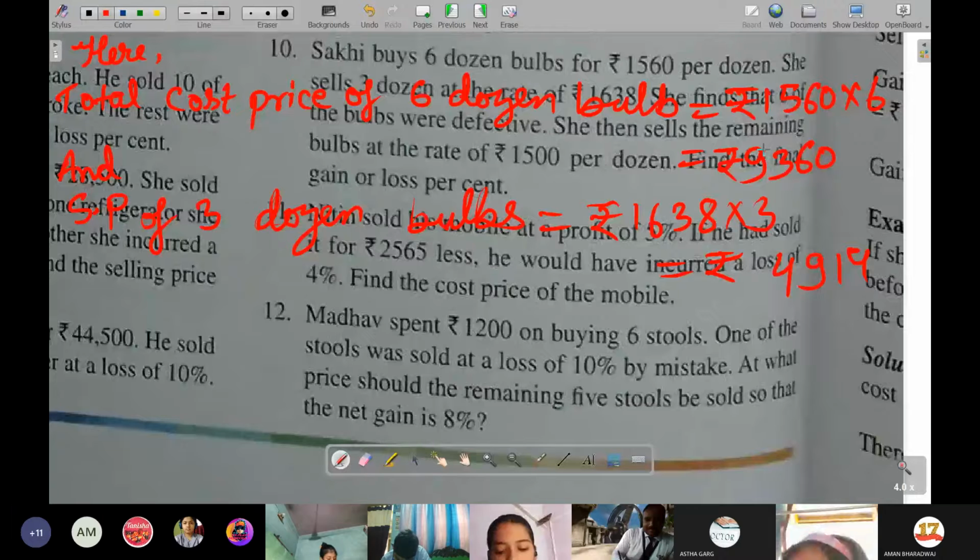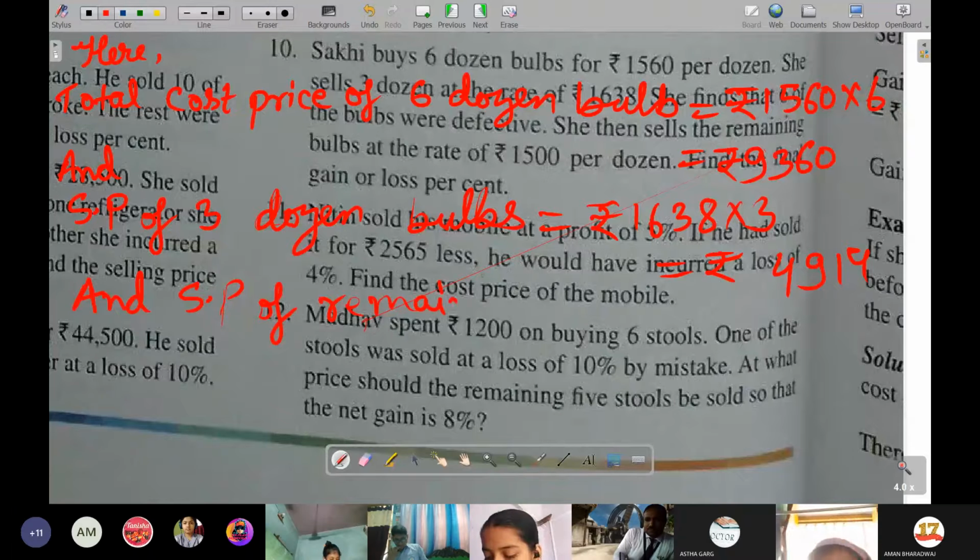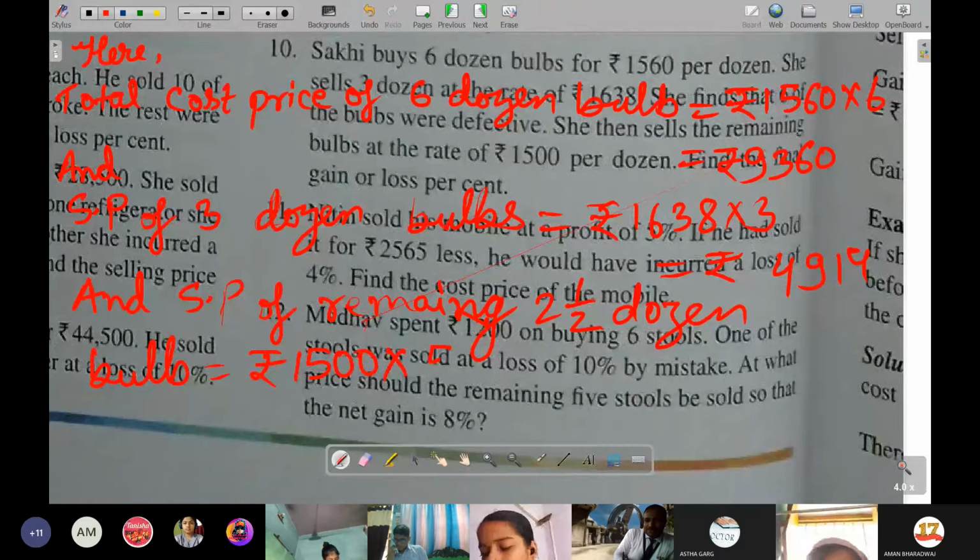So you can write SP of remaining 2.5 dozen bulbs is equal to rupees 1500 into 5 by 2. 5 by 2 is 2.5.